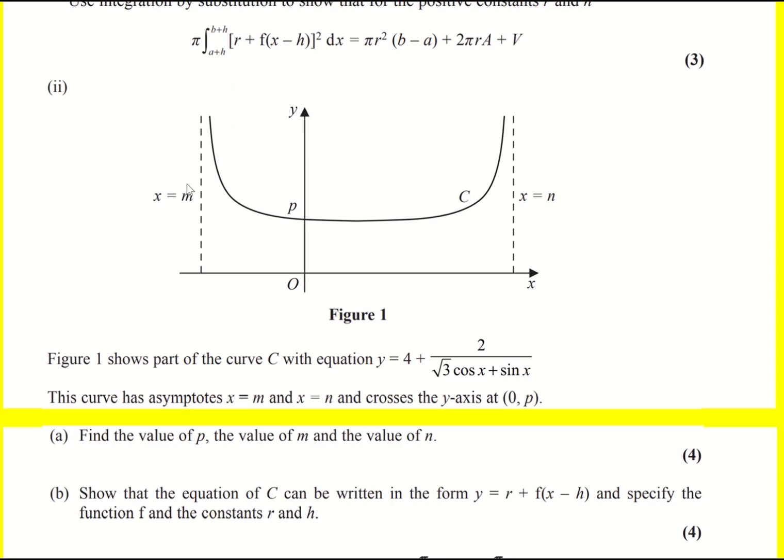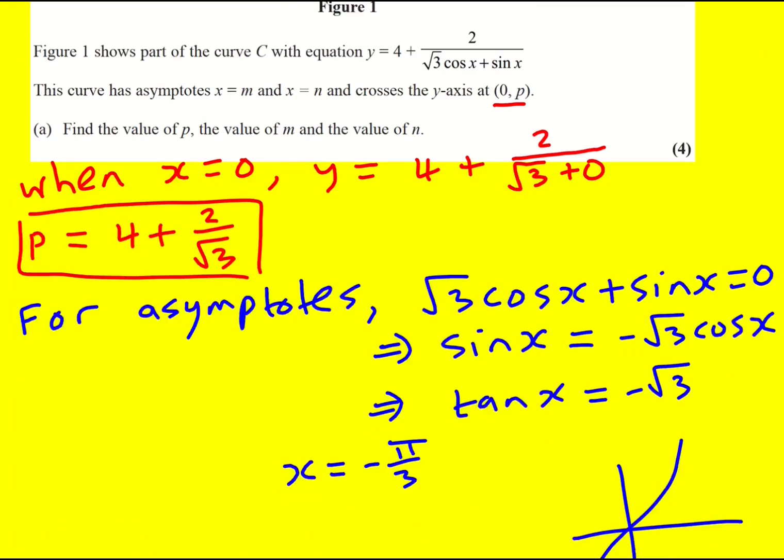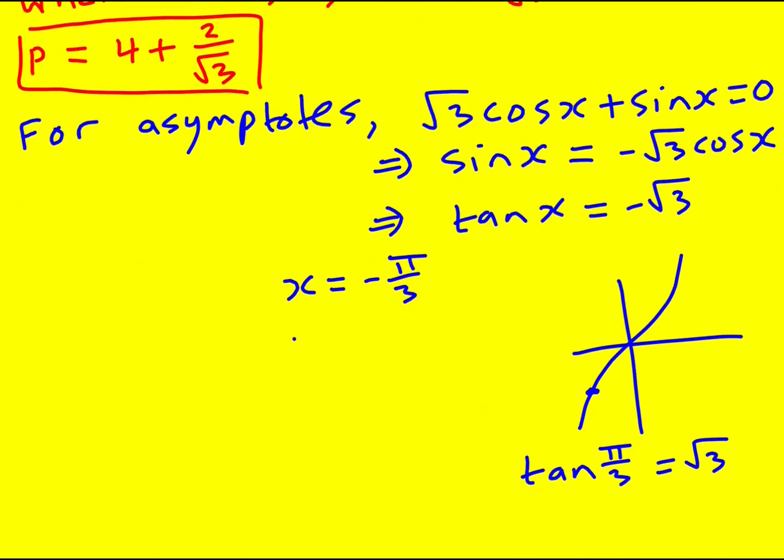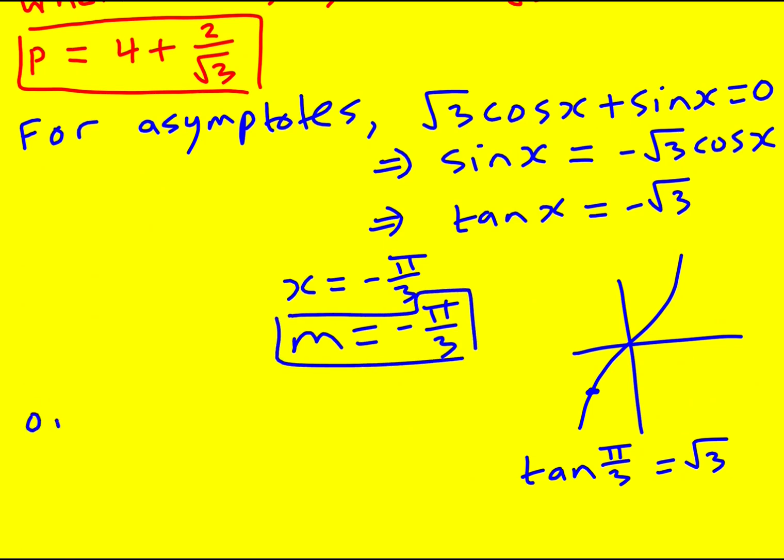It's going to be this, that's going to be m, and then my next one is going to be the next solution in the positive direction. So m is equal to minus pi over 3. Or x is going to equal minus pi over 3 plus pi, because that is the periodicity of tan.